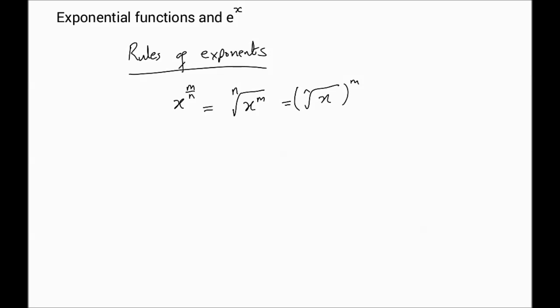Of course, you can also write it as x to the m to the power 1 over n, or x to the 1 over n to the power m. All of these are equivalent to each other. They're the same.